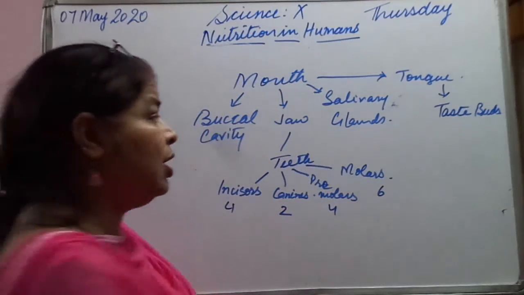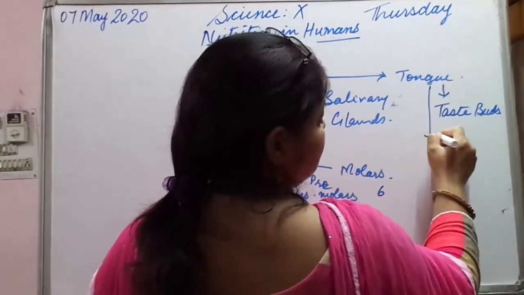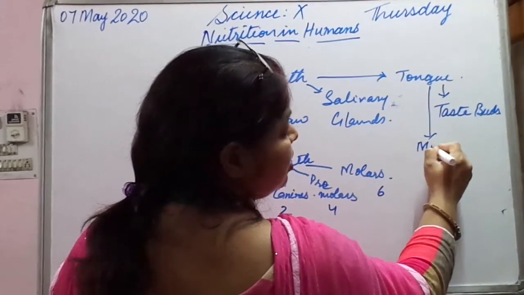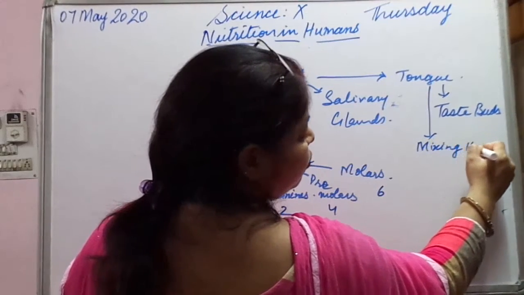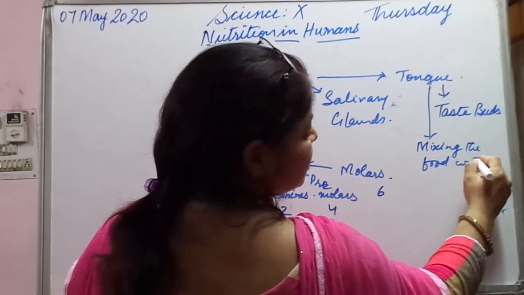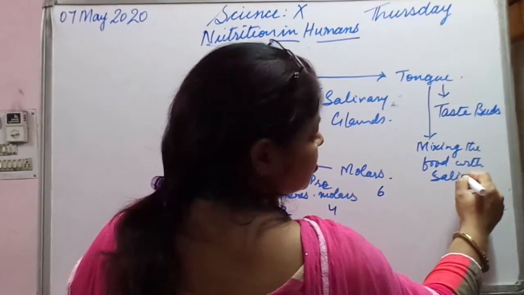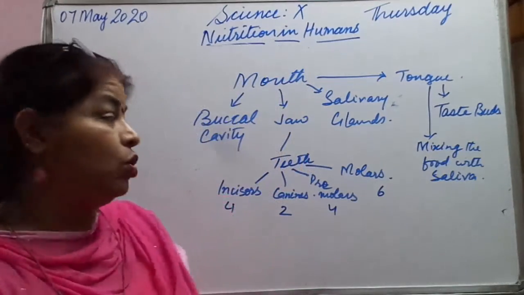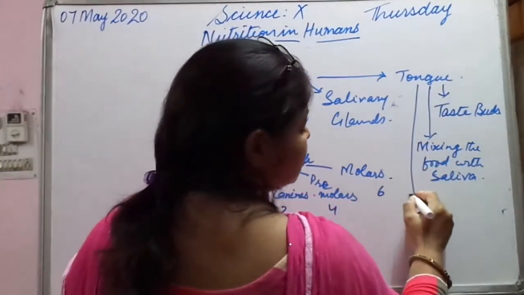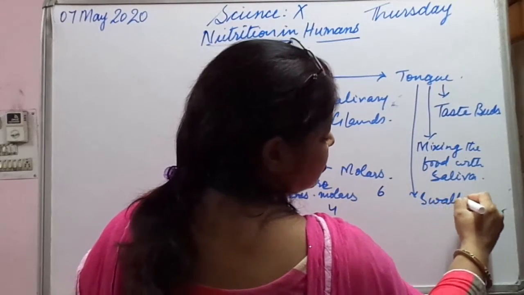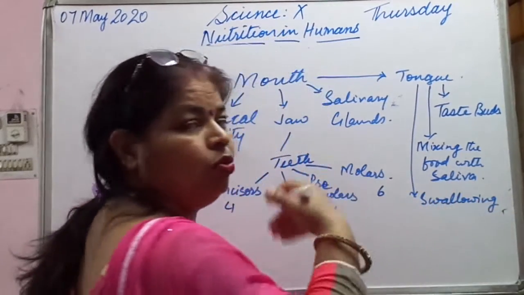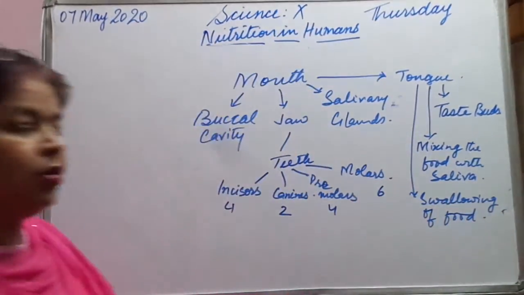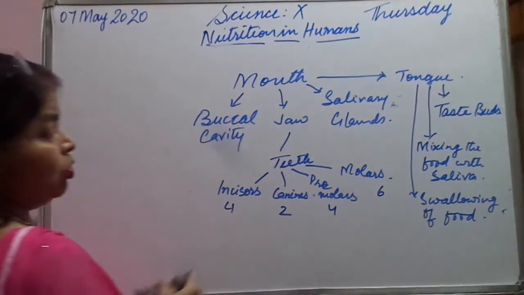And not only this, the tongue also helps in mixing the food with saliva, and in swallowing of the food, which means it pushes the food down to the esophagus. Okay, so this is how you can learn.